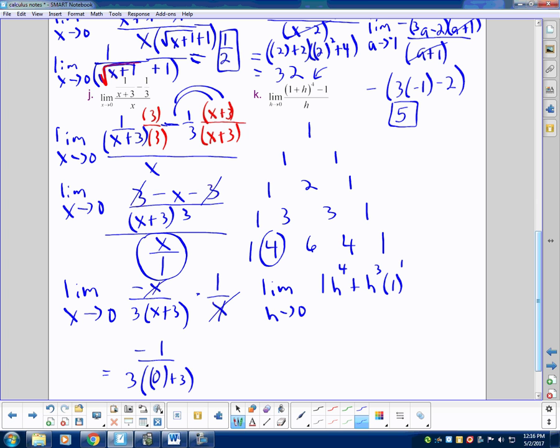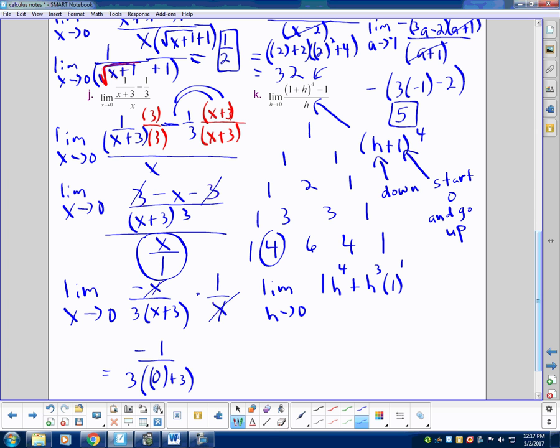Here's how this works. If you think of this as h plus 1 to the 4th, the powers on the h start at 4 and go down, and the powers of the 1 start at 0 and go up. I don't know if you remember that, but you have two terms with the binomial theorem. So 1 to the 0 is still just 1.